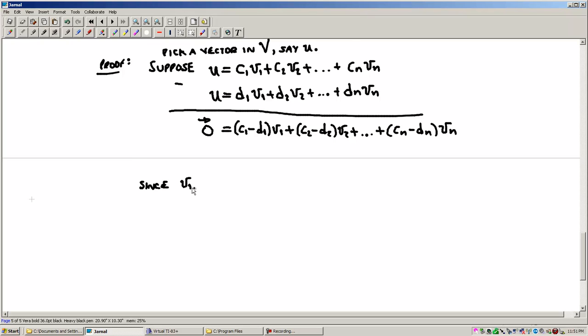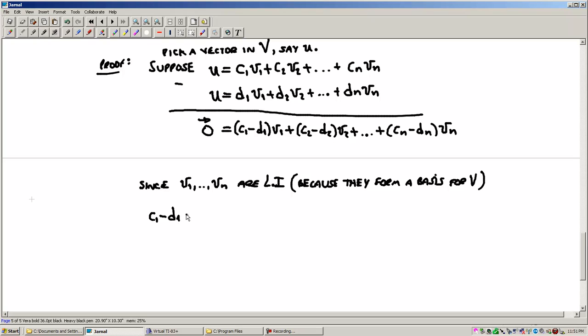So since V1 through Vn are linearly independent, because they form a basis, all those coefficients are 0: C1 minus D1 is 0, C2 minus D2 is 0. The coefficients here are not C1 only, it's C1 minus D1.